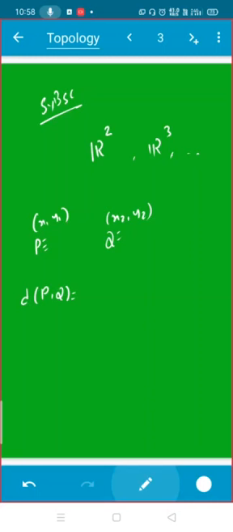Yes, but what is the value? Under root x2 minus x1 the whole square plus y2 minus y1 the whole square. Perfect. Is that clear?